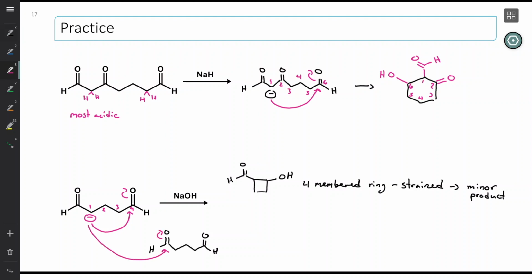And instead of getting our cyclic product, we end up with and then here again, 1, 2, 3, 4. There, that's my aldehyde, sorry, over there. Right, so instead, this would be the major product.